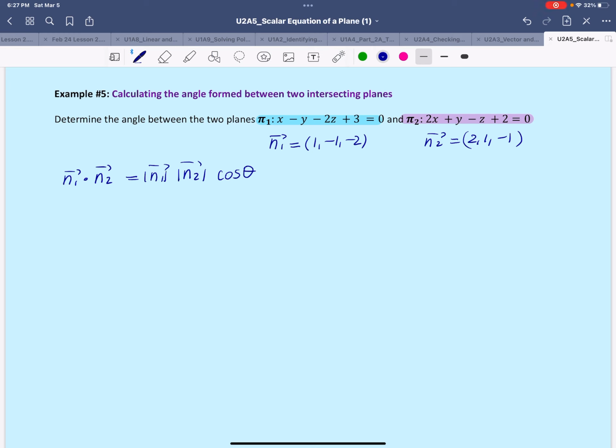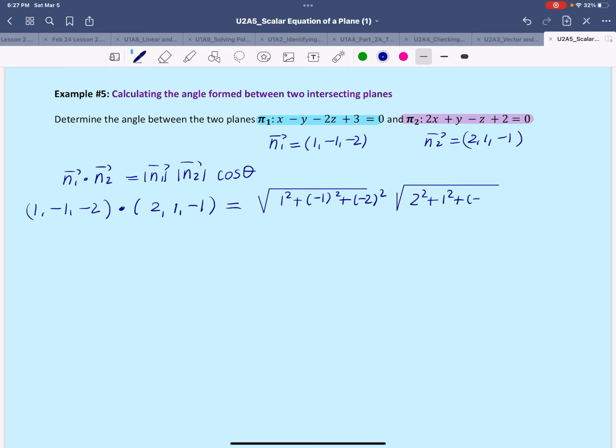So n1 dot n2 is (1, -1, -2) dotted with (2, 1, -1), equals magnitude of n1, which would be the square root of 1 squared plus -1 squared plus -2 squared. The magnitude of n2 is the square root of 2 squared plus 1 squared plus -1 squared, times cos theta.